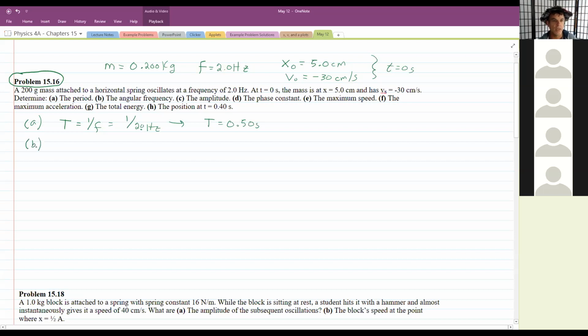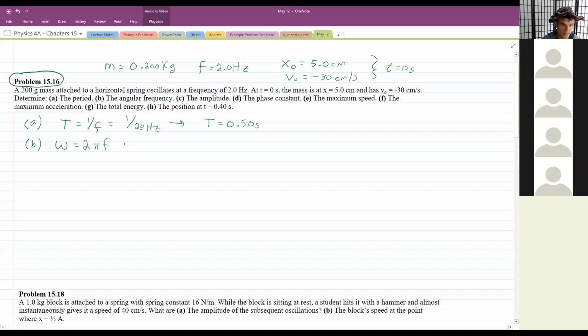B, what is the angular frequency? Angular frequency omega is always going to be given by 2 pi times the frequency. This is true for any system undergoing simple harmonic motion. Omega, angular frequency, is always related to the linear frequency, how many times per second it oscillates back and forth, by this equation.